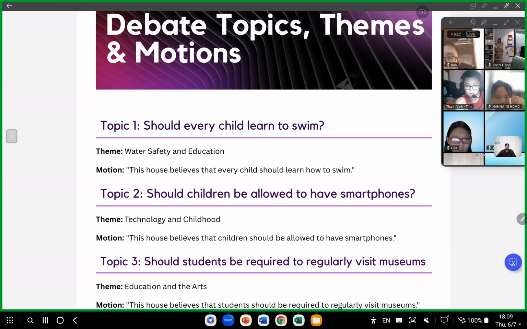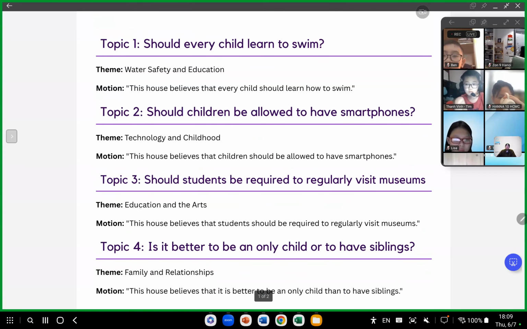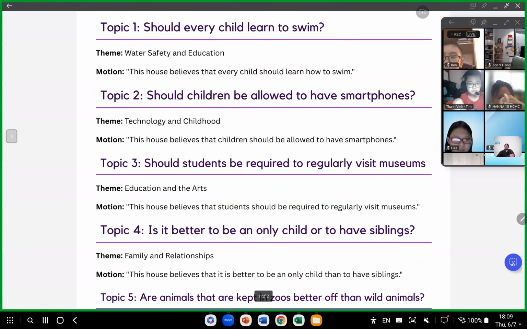Or if we take topic number 2, should children be allowed to have smartphones? The proposition would let us know what their side of the argument is by making the motion, this house believes that children should be allowed to have smartphones.